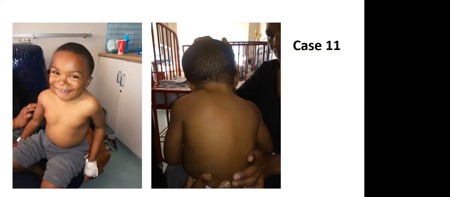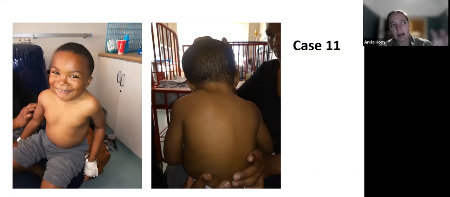On the right picture, he's got an elevated left shoulder and prominent scapula. I'm not quite sure what the diagnosis is. Yeah. But can you think of just that elevated left shoulder, or no? Okay, never mind. Ashley.